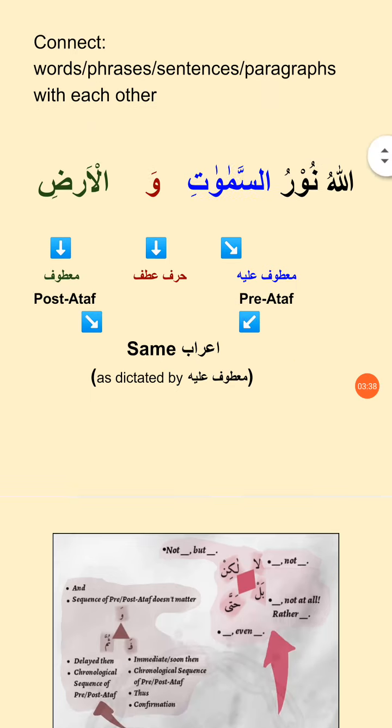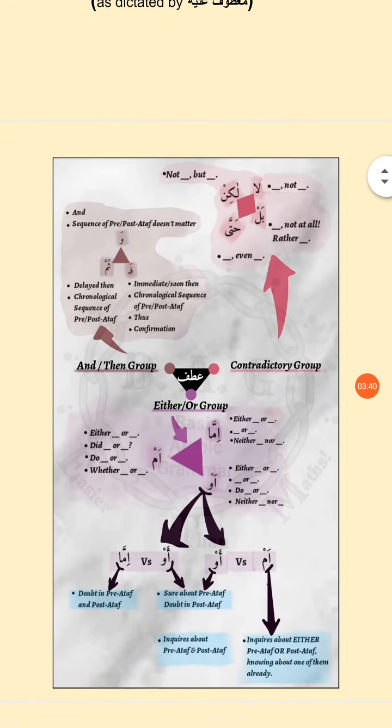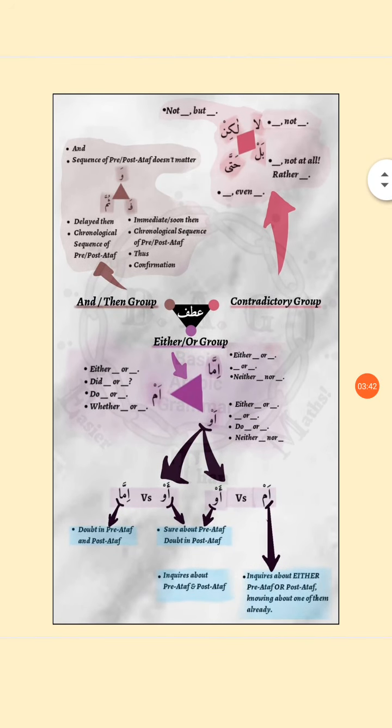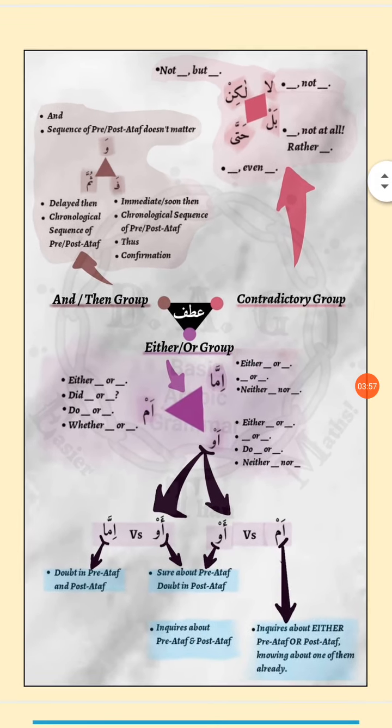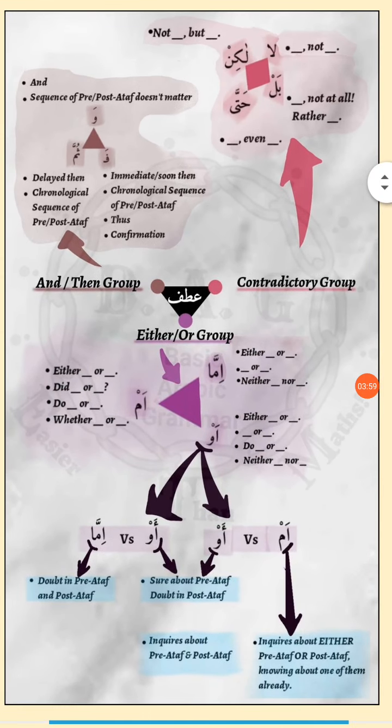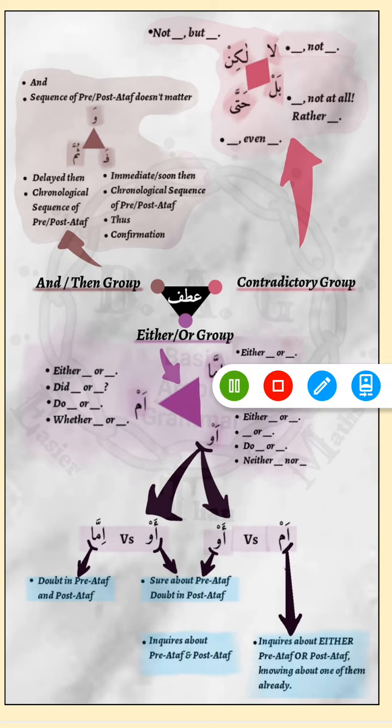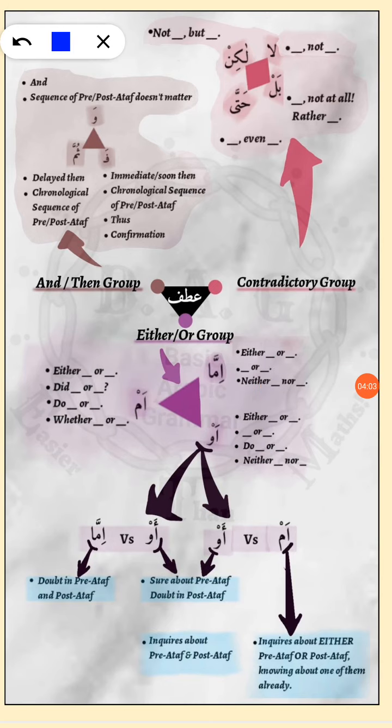Now we are going to have a detailed discussion about the 10 haruf ataf that we have. But before going to that discussion, I would want you to focus on this chart because this is the summary of the entire topic. I'm going to discuss it very briefly and then we will move on to the individual discussion, inshallah.